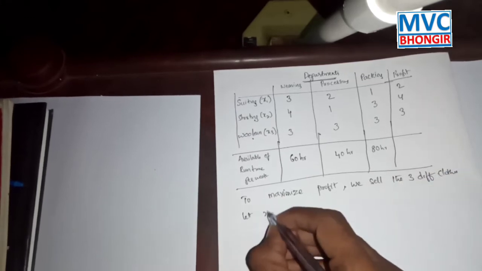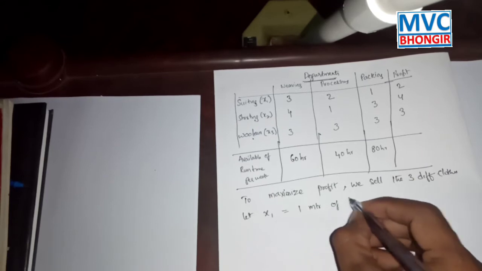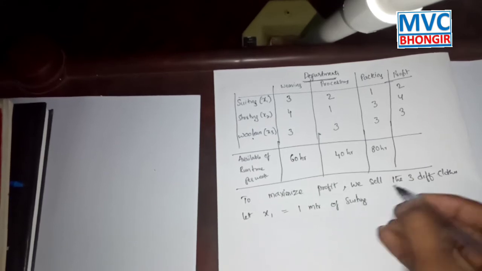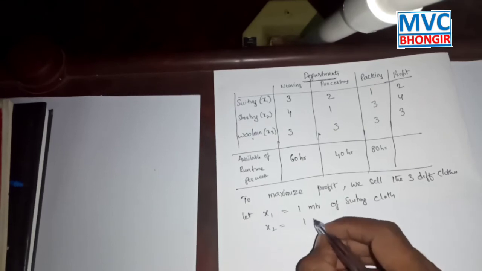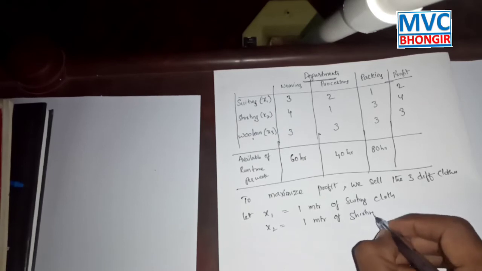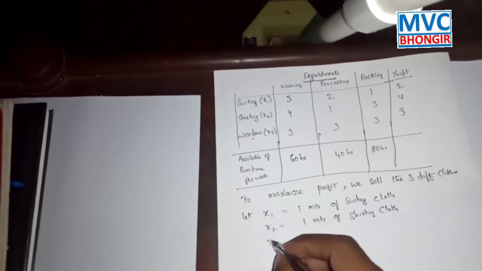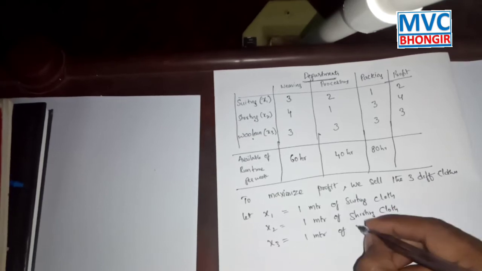Let x1 is equal to 1 meter of suiting cloth, x2 is equal to 1 meter of shirting cloth, x3 is equal to 1 meter of woolen cloth.